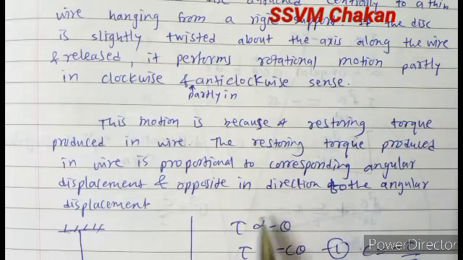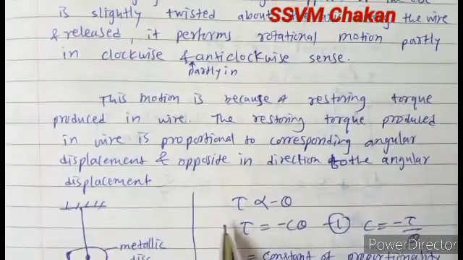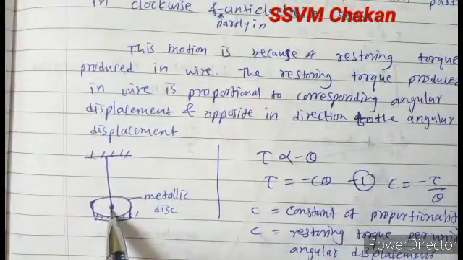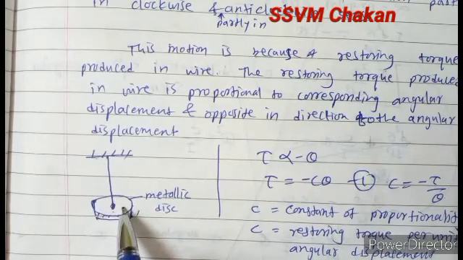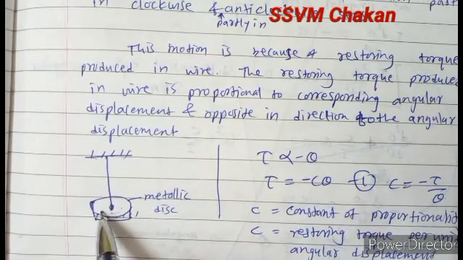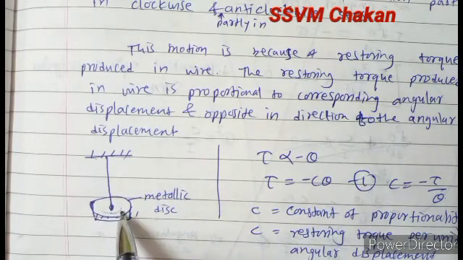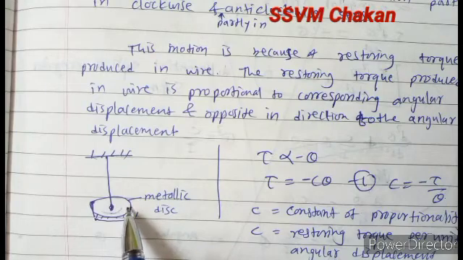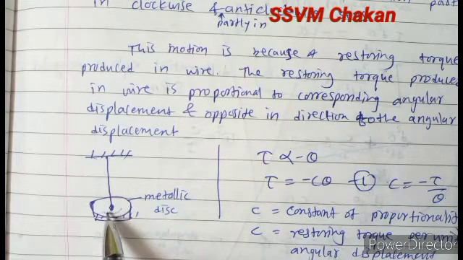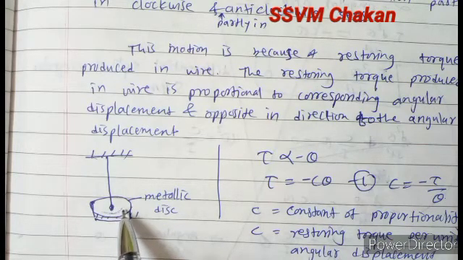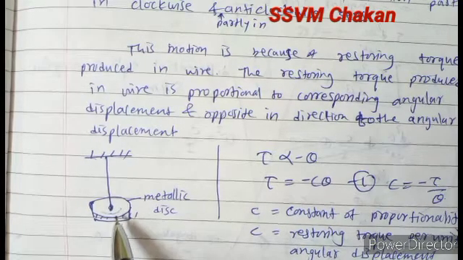When this disc is displaced from this point to this point and released, it starts oscillating in this direction. This is because a certain torque gets created in the wire, and this torque brings the disc towards the mean position.